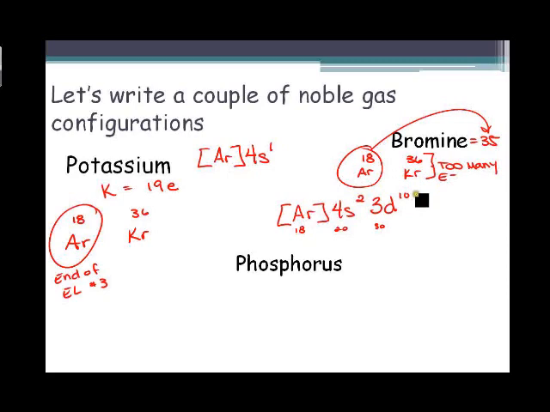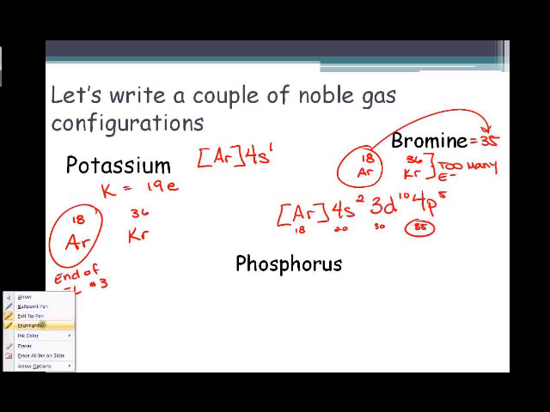So after the 3d, we go to the 4p, and there we can place the last remaining 5. We've placed all 35 electrons. So our noble gas configuration for bromine is Ar 4s2, 3d10, 4p5.